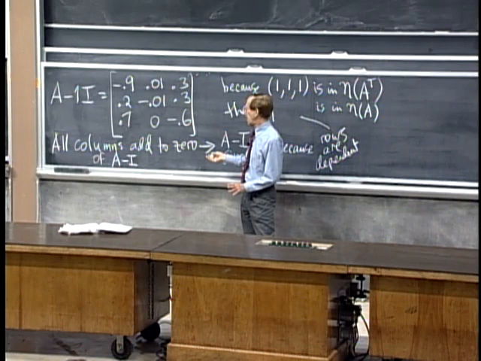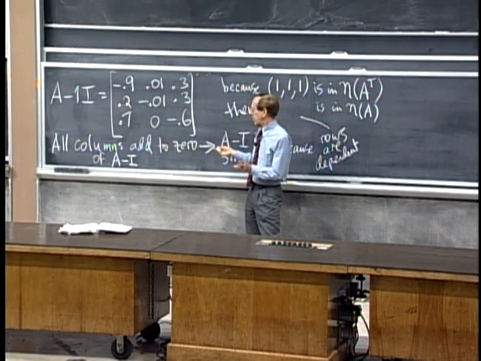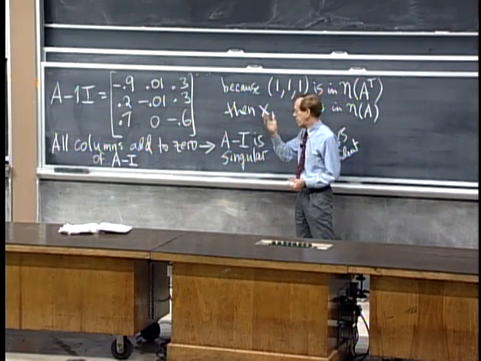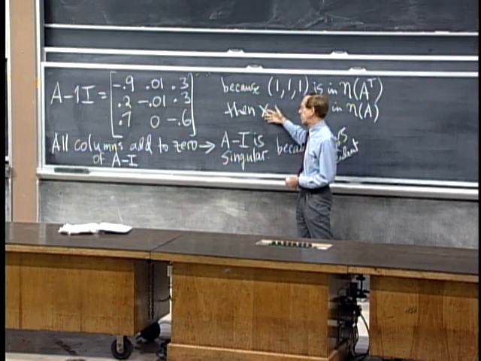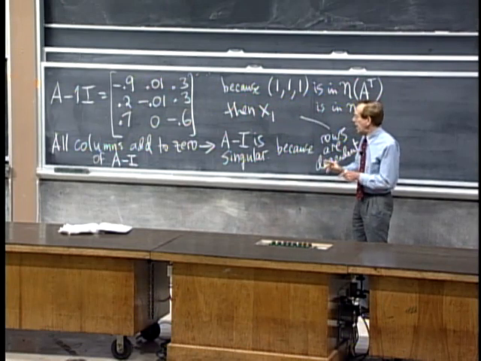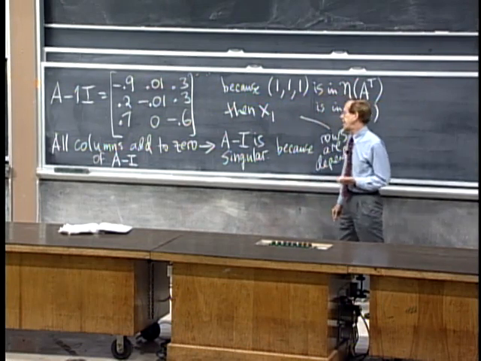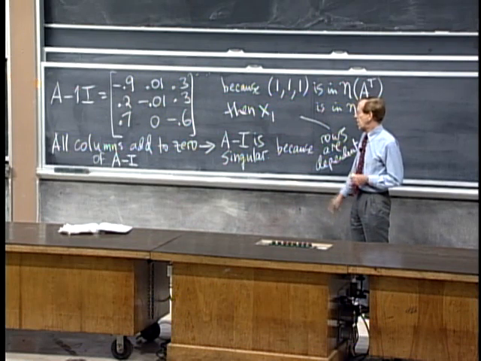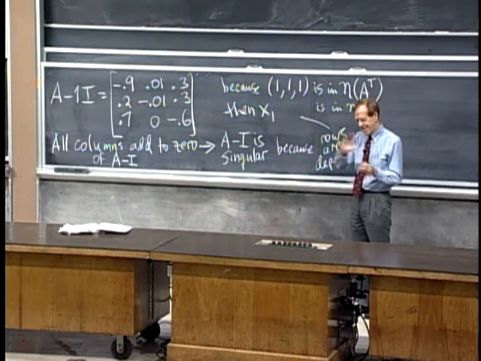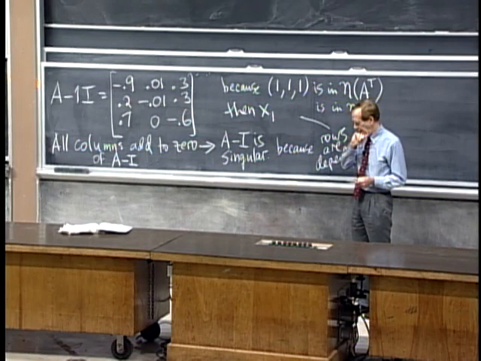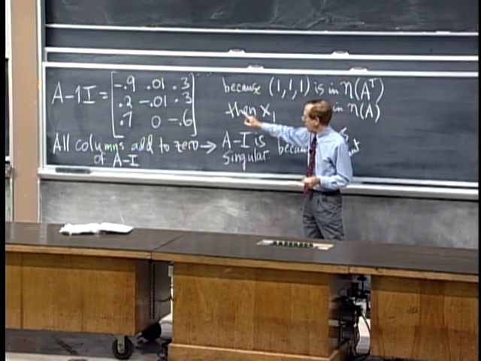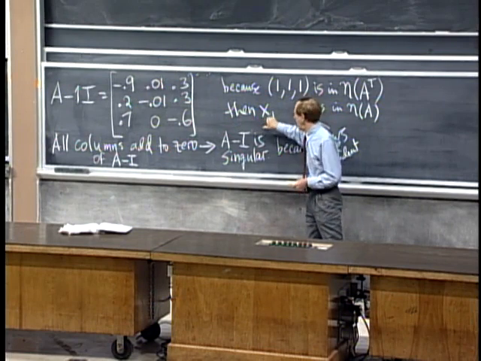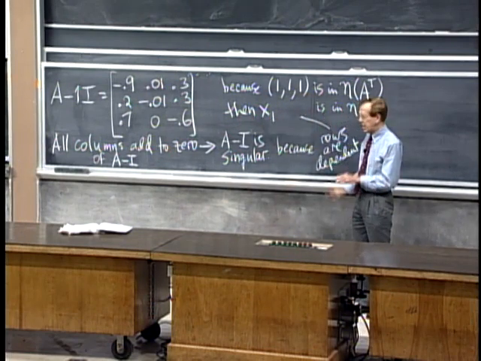Some combination of those 3 columns is the 0 column, and the 3 components in that combination are the eigenvector. And that guy is the steady state. Okay, so I'm happy about the thinking here, but I haven't completed it because I haven't found x1. But it's there.